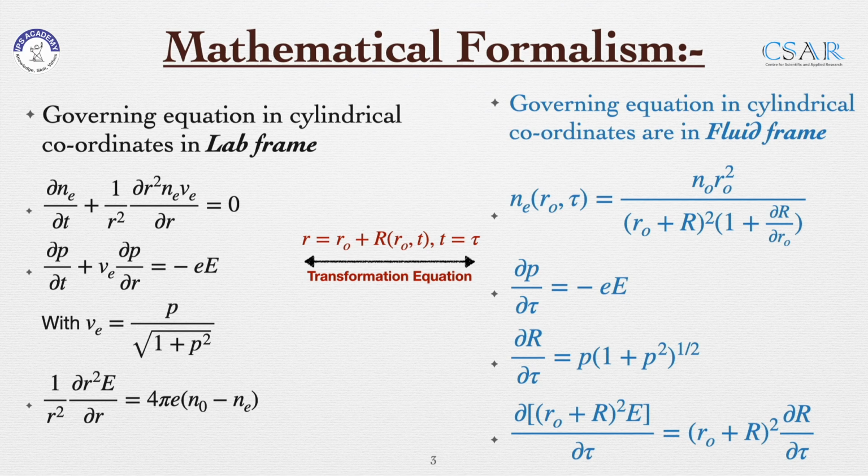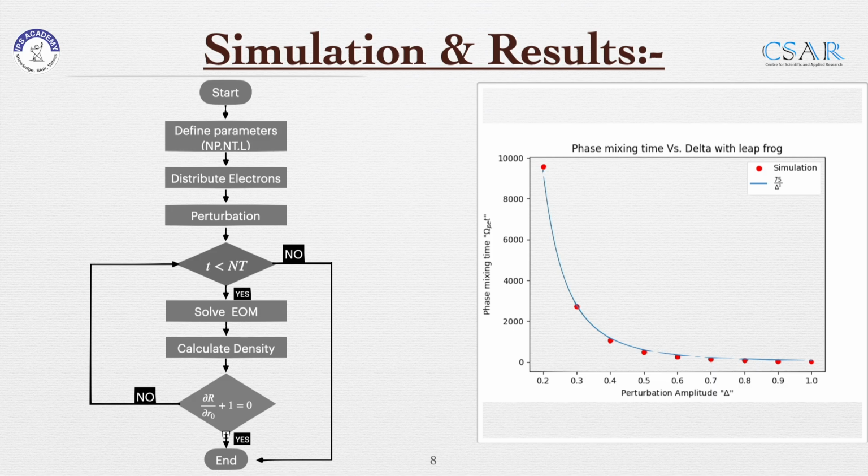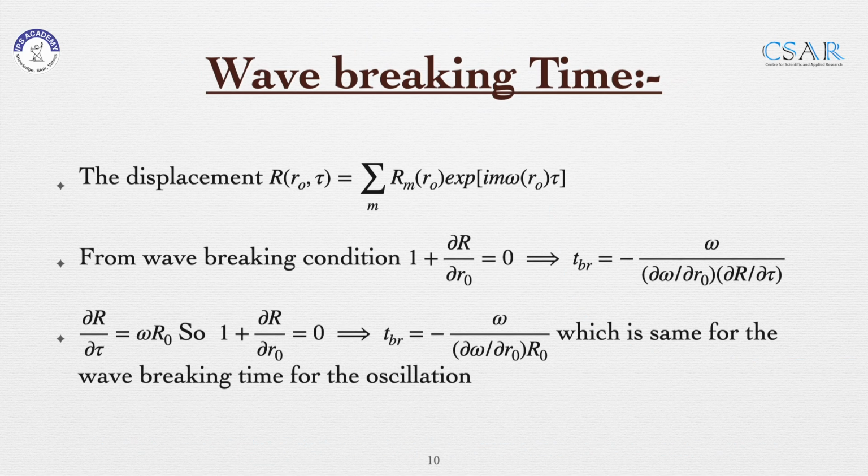So at that point we call the wave breaks. Using this condition, we calculated the wave breaking time, and it is also inversely proportional to the rate of change of frequency.